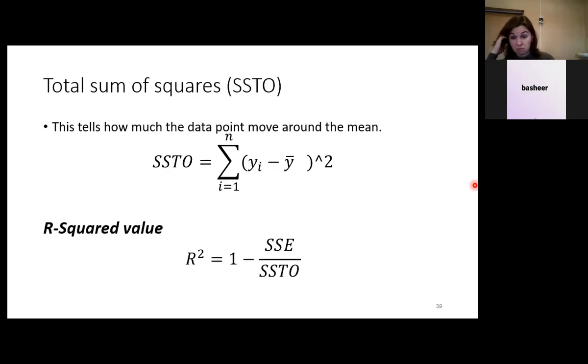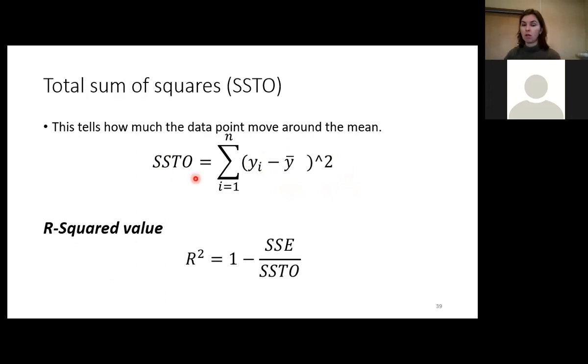And the third parameter, total sum of squares, SSTO, tells how much the data points move around the mean itself. In the first coefficient, we have predicted values. Here we have real values, variation from the mean. If we have 0 SSTO, what does it mean?